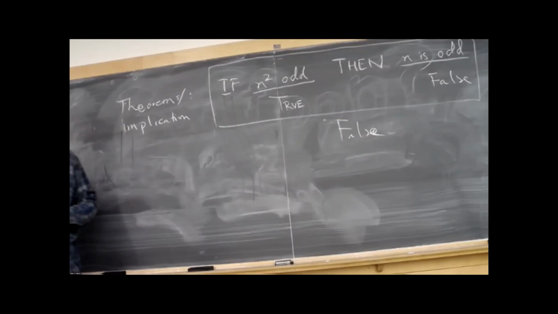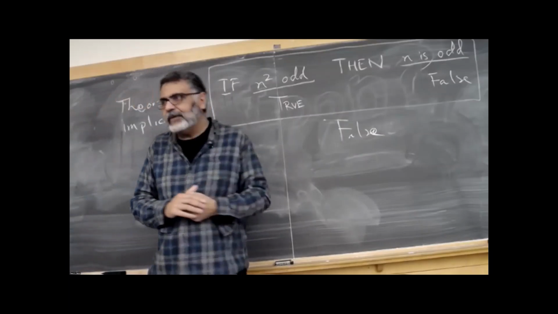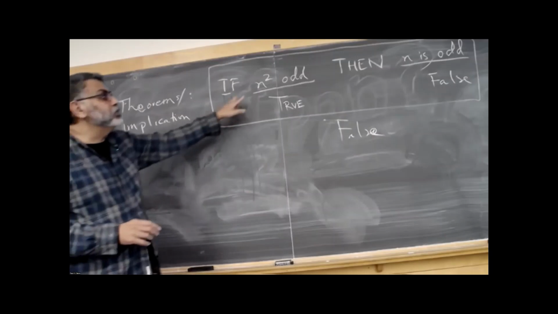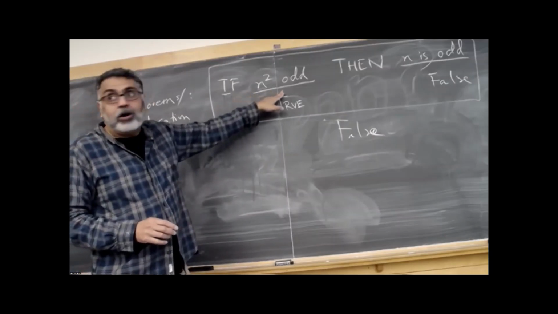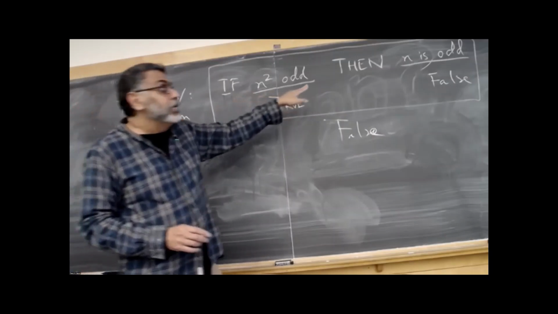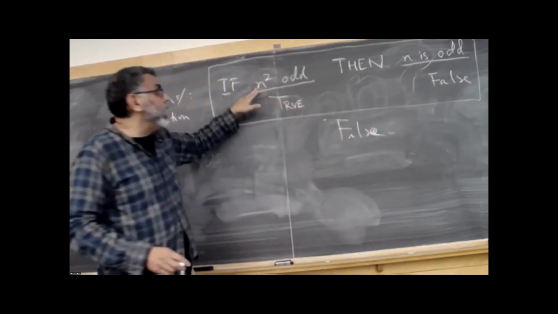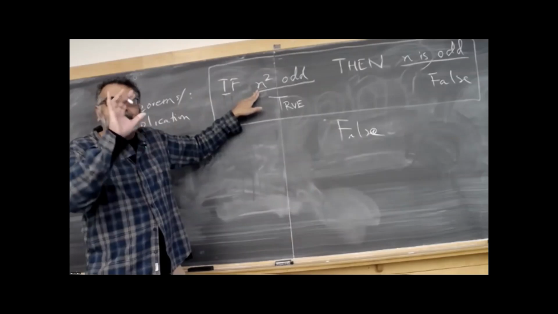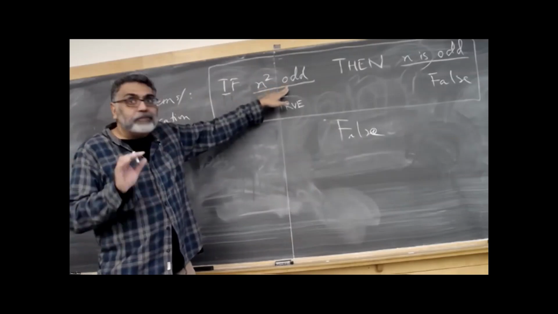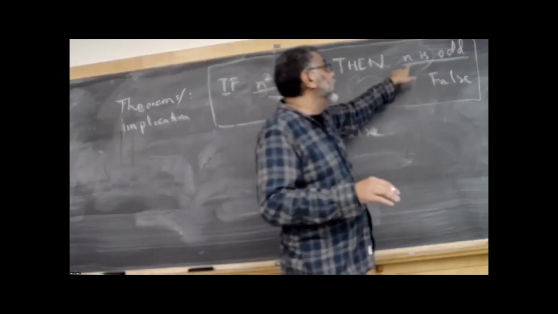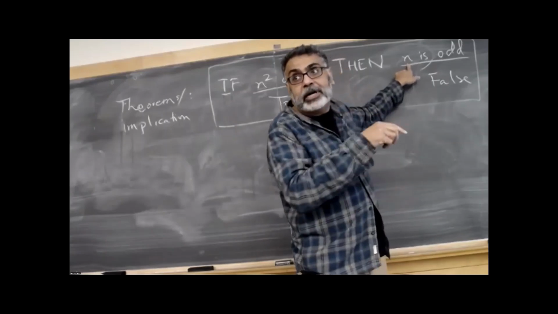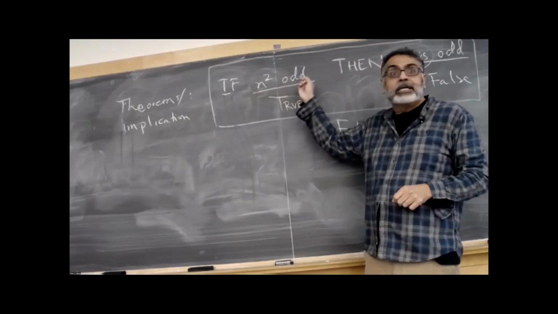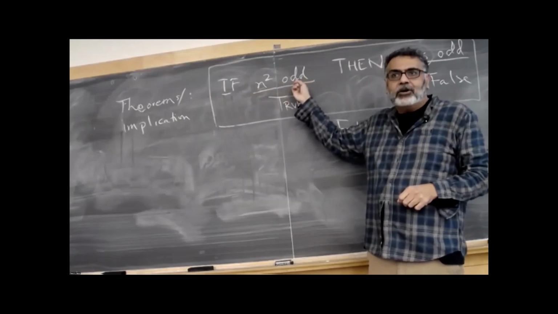So this is a theorem in mathematics, a discovery in mathematics that tells us that if you have some n squared, and it is odd, then, so you have some n, we don't know if it's odd or even, but if you square some number n, and the result is odd, then that number itself better be odd, otherwise it won't. So in other words, if you square an even number, you won't get an odd, you'll get an even number.